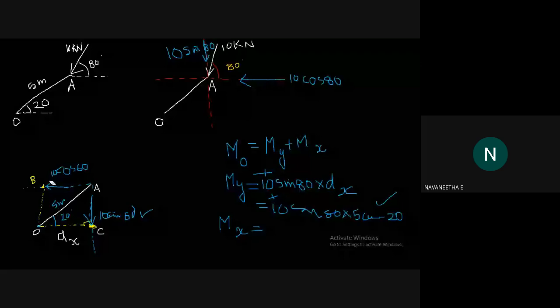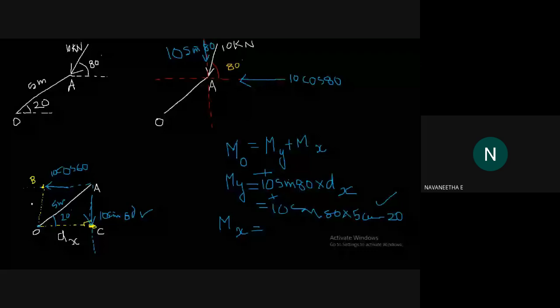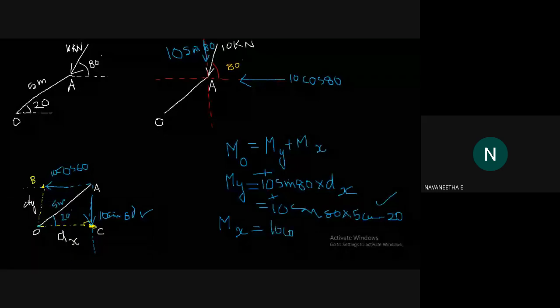So here what is the perpendicular distance OB? I am giving it the name dy. So Mx equals 10 cos 60 into dy. Here dx equals 5 cos 20. Then dy equals OB, and OB and AC are equal.